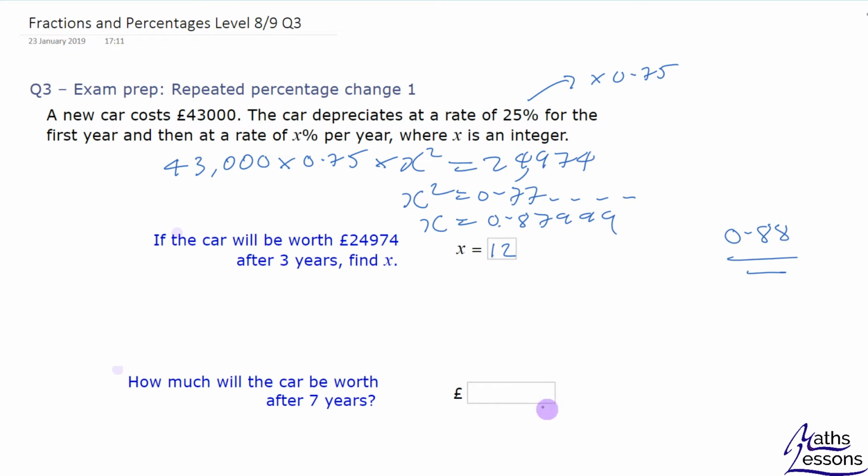Now once you've got that, this bit is much easier. I'll give you 30 seconds to have a go at this, because all you've got to do is plug it into your calculator and do it.